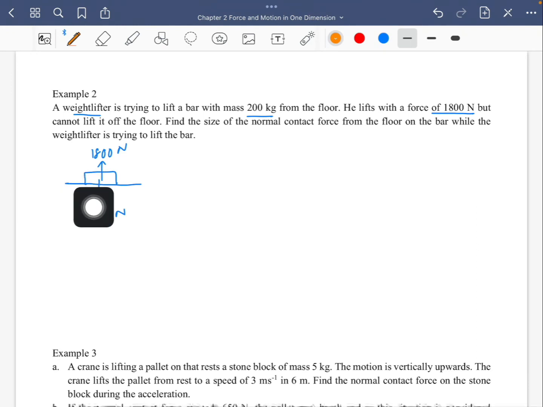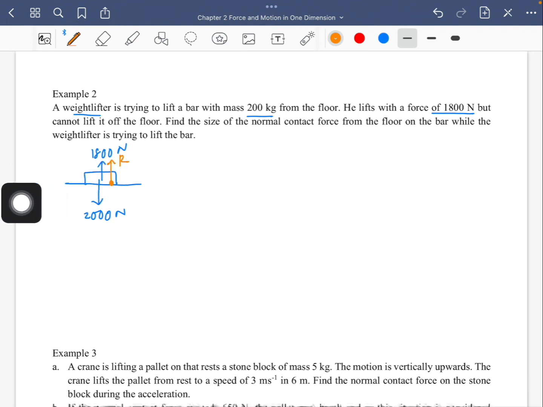So that means there is contact between the surface of the bar at the bottom and the floor, so there will be a normal reaction force from the floor to the weight bar. It is denoted by normal reaction force R. That is our complete force diagram. We have weight vertically downward 2000 Newton, and then force from the man trying to lift with 1800 Newton, and then there is normal reaction force from the floor acting on the bar with force of R Newton.